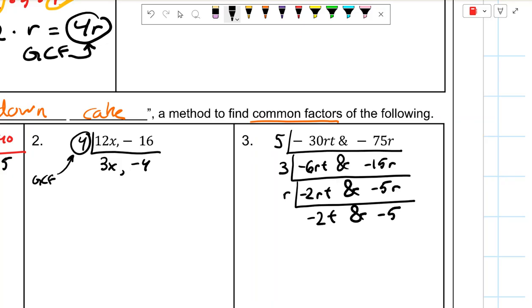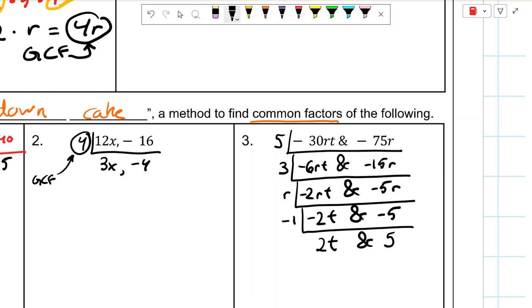Now you think you'd be done, but because both numbers are negative, we can actually take out a negative 1. Okay, we're taking out the negative. And a negative divided by a negative, as you know, is a positive. So negative 2t divided by negative 1 is positive 2t. And negative 5 divided by negative 1 is positive 5.